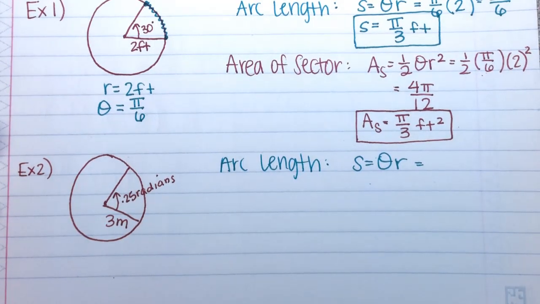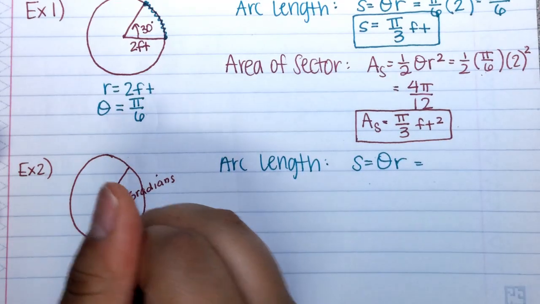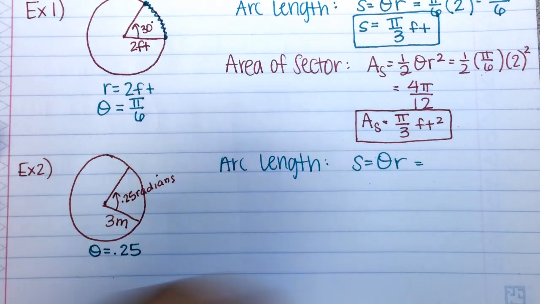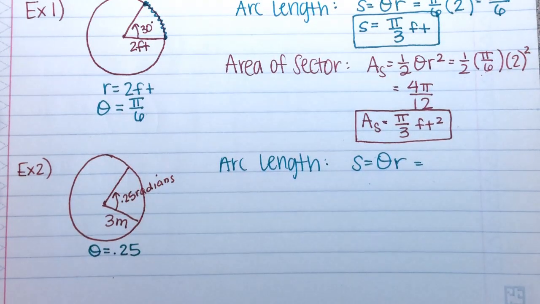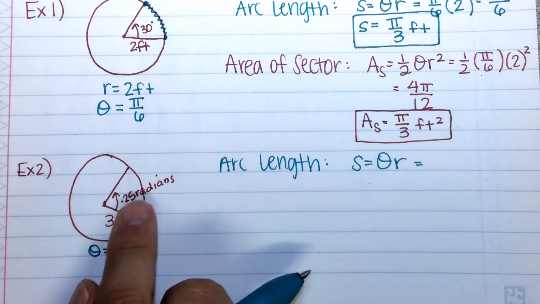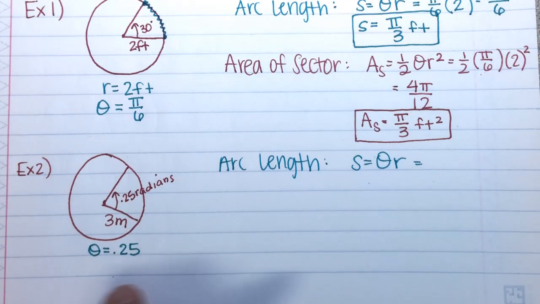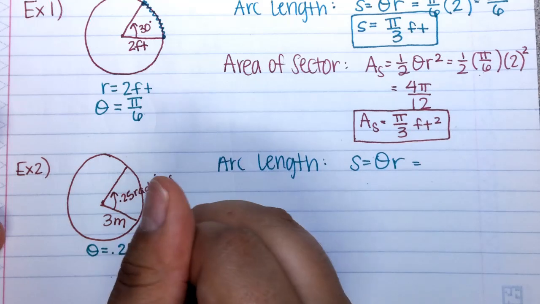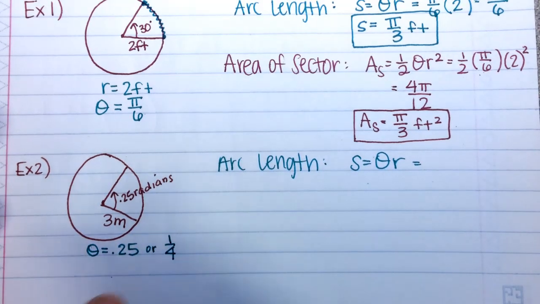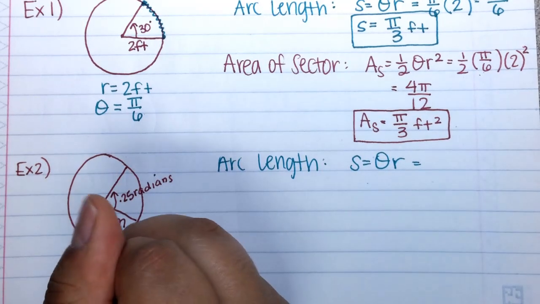What are my radians here? It's just 0.25. And I know your brain says, well, that's 1/4, pi over 4. Is there a pi in this? So can you have a radians that is not pi? Sure. So it's just 0.25, or you could also write 1/4, but you cannot put pi in here. There is no pi there. Either one of those is right, but not pi over 4.